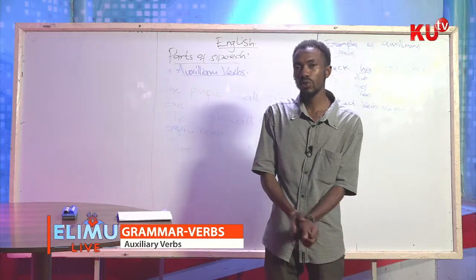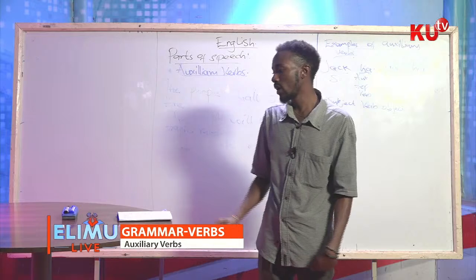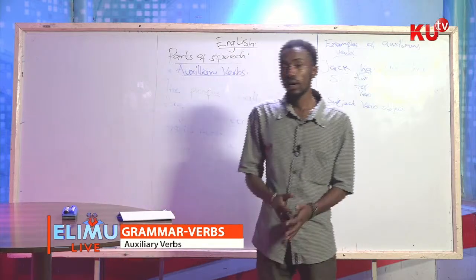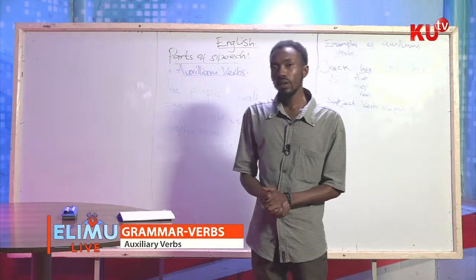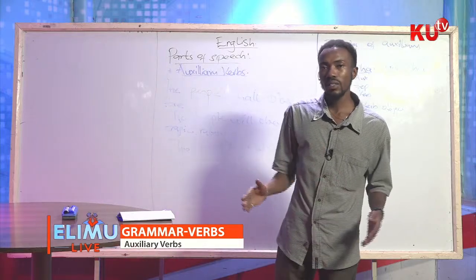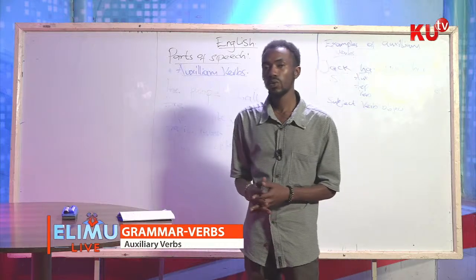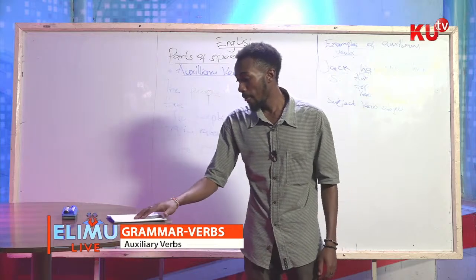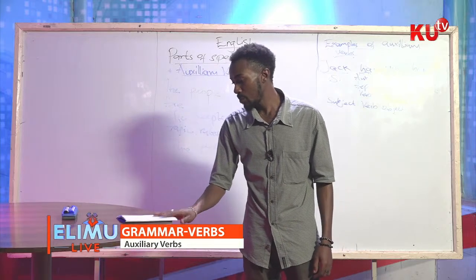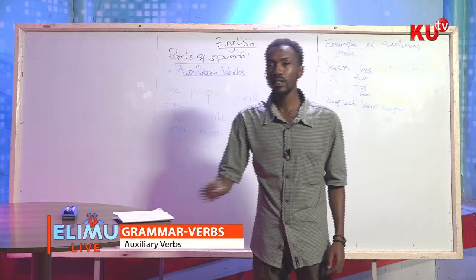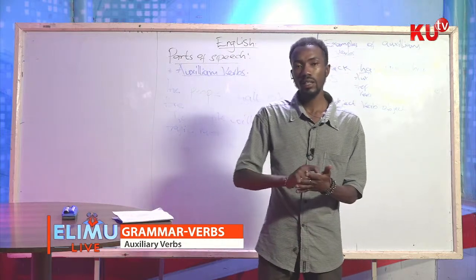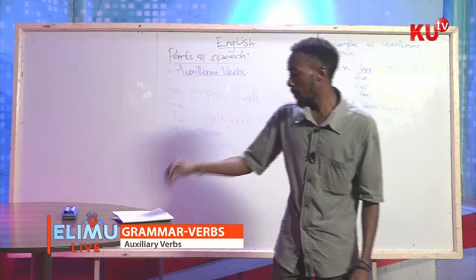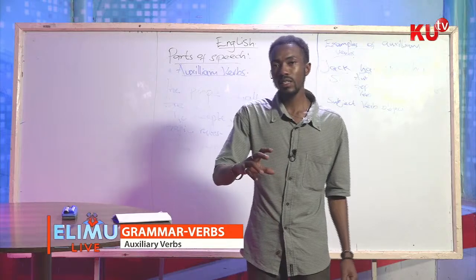It's very easy to construct a sentence using the auxiliary verbs is, was, shall, should. All those are some of the auxiliary verbs that you can use in the construction of your sentences. Something else you can do is identify auxiliary verbs in a sentence and how they are used.